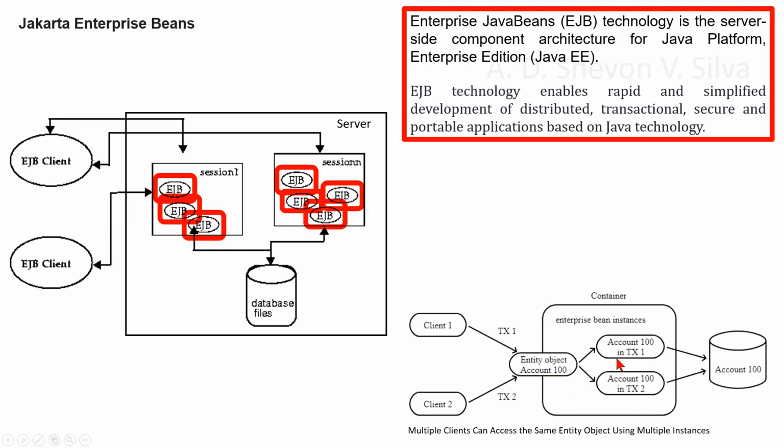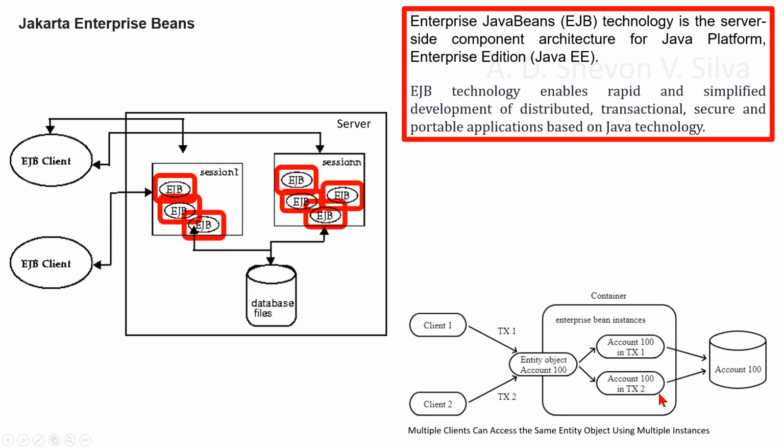So here you can see the enterprise bean instances. Entity object account 100 is connected to the entity object account 100 in tx1 here, and account 100 in tx1 is connected to the account 100 in the database. Here entity object account 100 is connected to the account 100 in tx2.